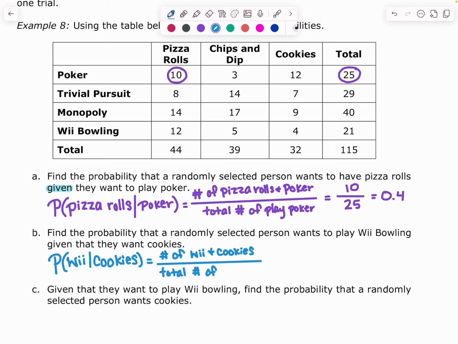We were given that they want cookies, so we've already said we're going to do cookies for the snack. So the total number of cookies. If we look at our overlap of Wii Bowling and cookies, there were 4 people that wanted Wii Bowling and cookies. And then the total number of people that wanted cookies was 32. So 4 divided by 32 is 0.125.